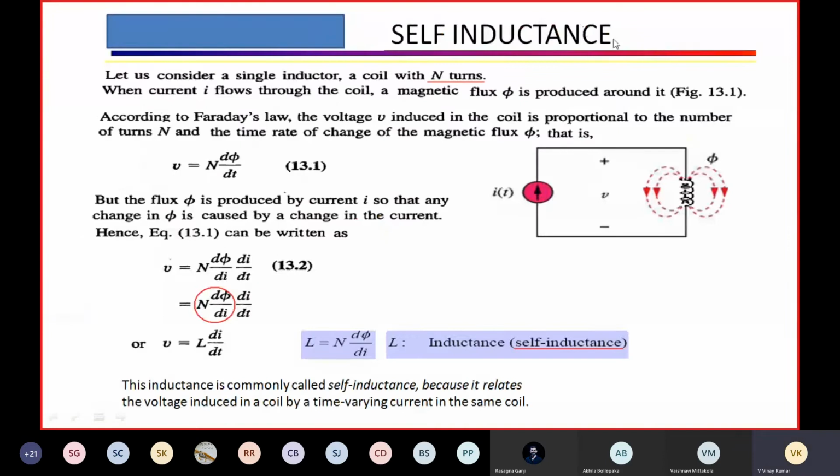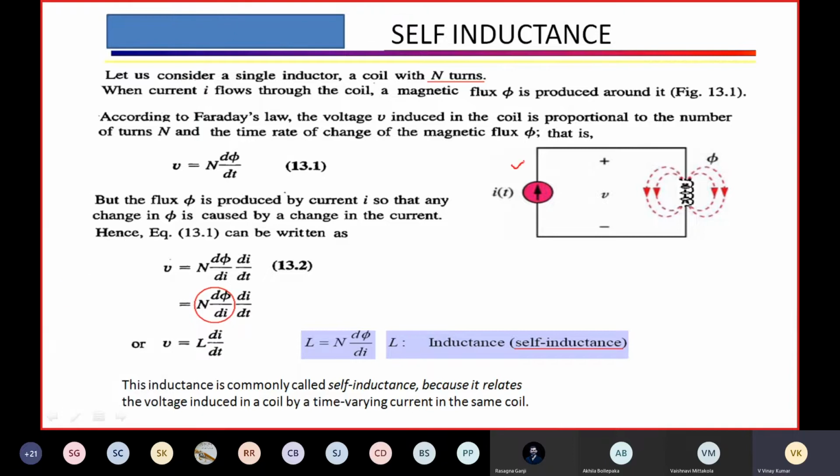Coming to self-inductance. Let a time varying current source be given to this coil. When current i flows through a coil, a magnetic flux phi is produced. This is time varying current, alternating current.